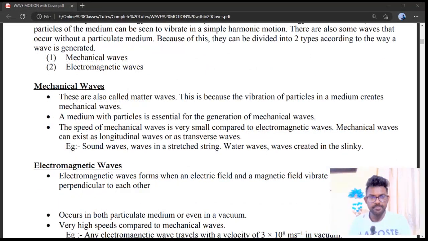The examples of mechanical waves are sound waves. As I said before, I'm producing a sound here and it is being propagated, so it's a sound wave, a mechanical wave. Then there are waves in a stretched string: let's say you have a string and you send a pulse, it goes through the medium, which in that case is the stretched string. And water waves: let's say you drop something into a water bath, it will produce a wave.